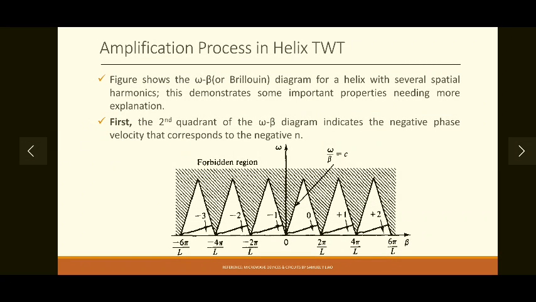So to understand the amplification process, we must recall the Brillouin diagram, that is omega beta diagram, which we have seen at the end of the last video, which is drawn for a helix including several space harmonics. What are these harmonics? Remember, we are applying a microwave input to a helical coil.